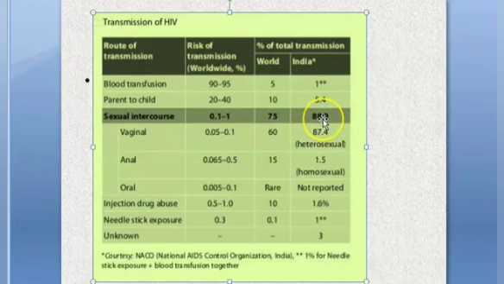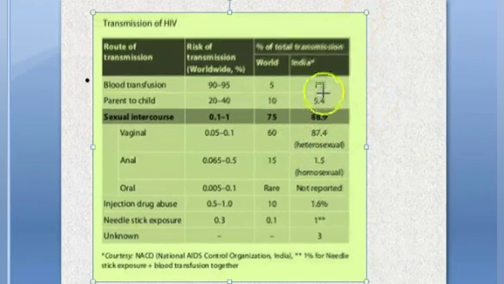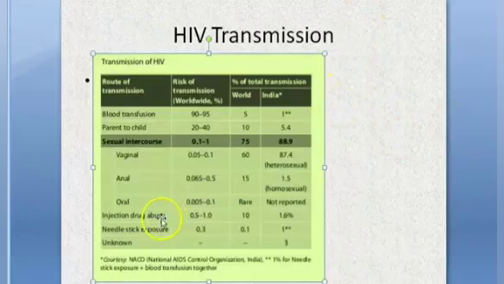In India, it's mainly because of vaginal, heterosexual sex. Then is parent to child. Sex and parent to child are the most common modes of transmission in India. Unknown is surprisingly higher in India. So remember, in India, sexual intercourse and parent to child transmission is more, okay?